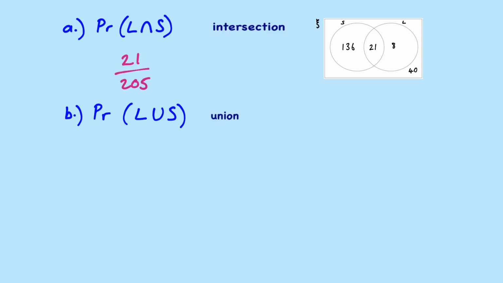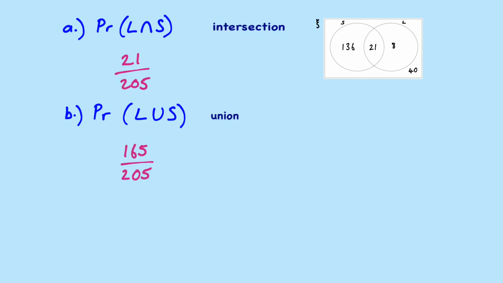So that would be all the students within this region here. So it's 136 plus 21 plus 8. Because all these students are at least swimmers or left-handed, or of course both. So my answer is 165 out of 205 students altogether.